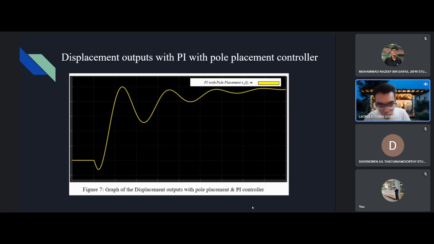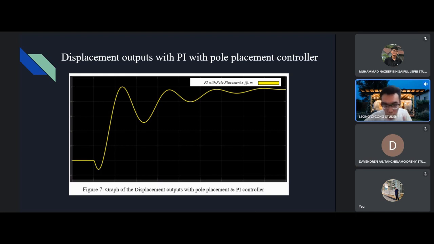However, based on lab 2, we have two design scenarios that we need to follow and fulfill: the overshoot should be below or equal to 20%, and the settling time should be equal to 4 seconds or below.